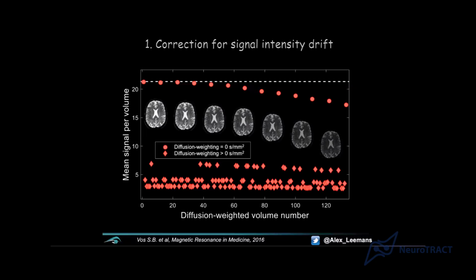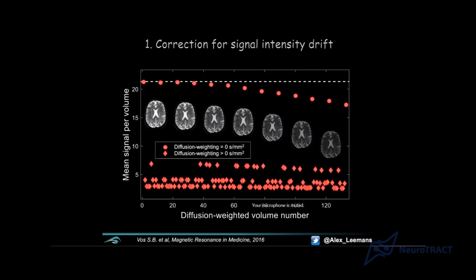But now you can see this because we acquire more data. If we acquire more data with more different diffusion weighted gradients, it takes longer. If it takes longer, the drift becomes more apparent. It pops up more easily. So that's a bit of history.